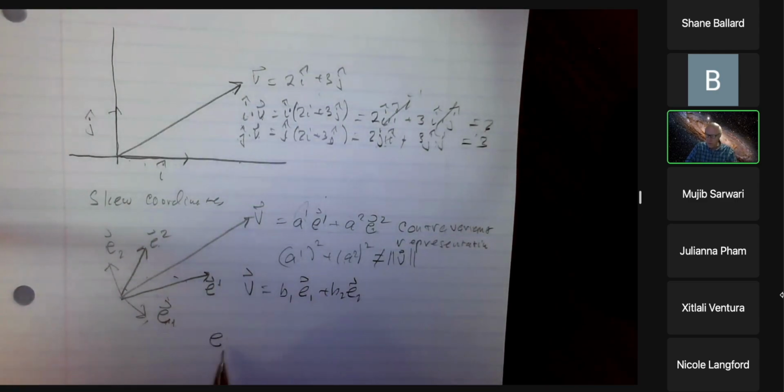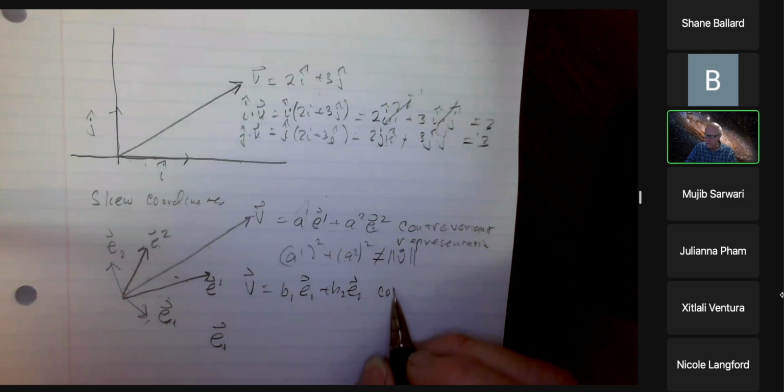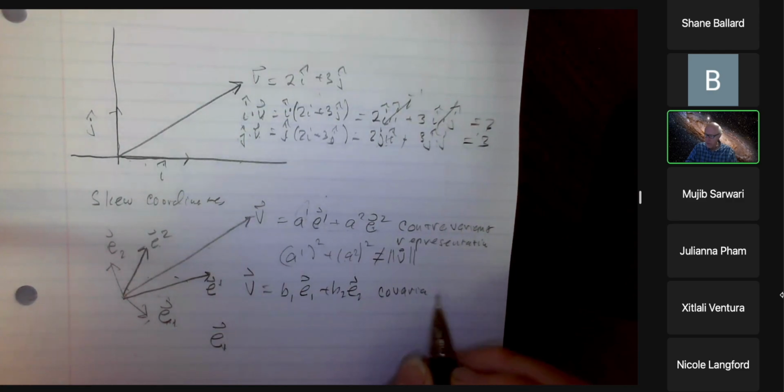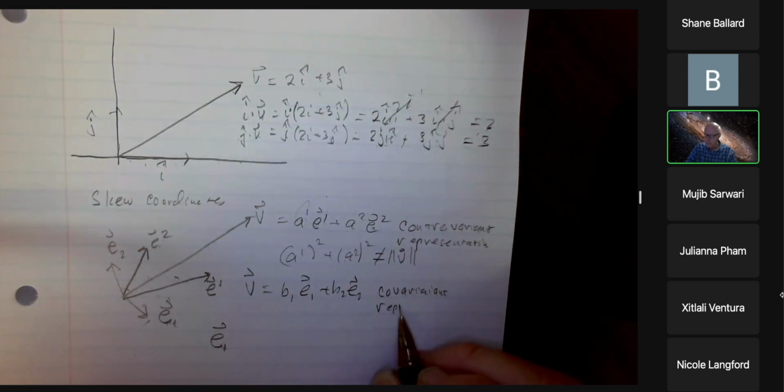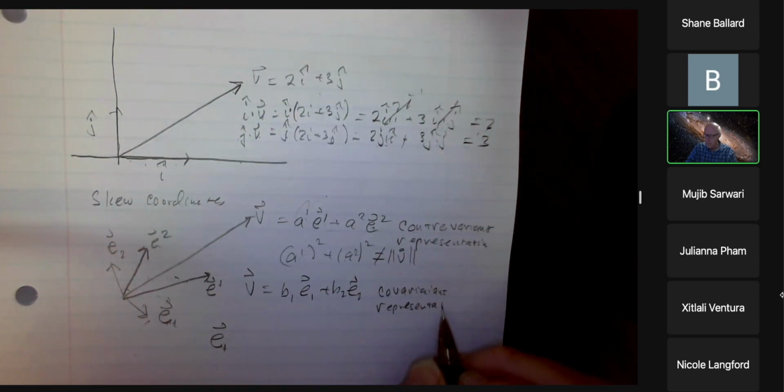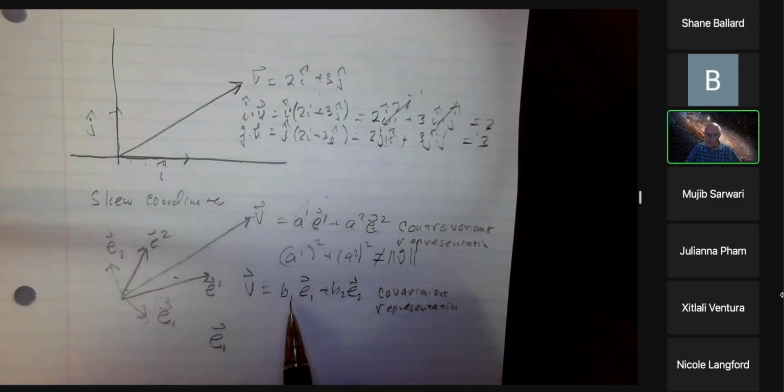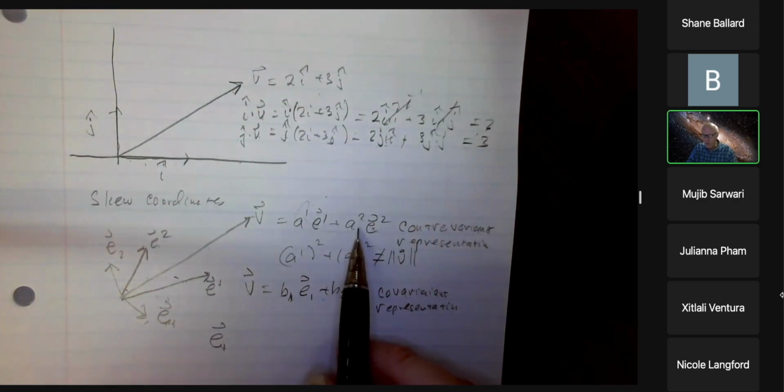Now, the characteristics of these basis vectors are as follows. We want E1 with a little subscript on the bottom, but this is called the covariant representation. In the covariant representation, you use subscripts to represent the coordinates. In the contravariant, you use superscripts.